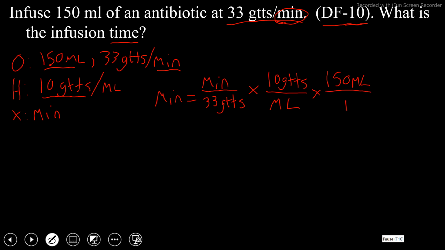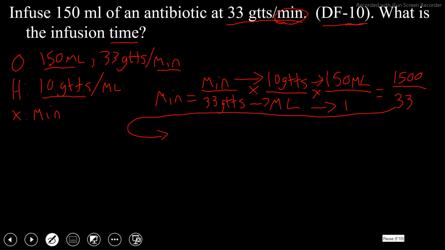Now we're going to multiply across. So 10 times 150 equals 1500 over 33 times 1 will still be 33. So we divide that out and we get 45.4545, repeating.